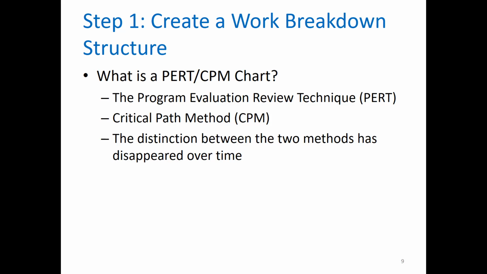A PERT chart, also known as a PERT diagram, is a tool used to schedule, organize, and map out tasks within a project. PERT, like mentioned earlier, stands for Program Evaluation Review Technique. It provides a visual representation of a project's milestones and breaks down individual tasks.